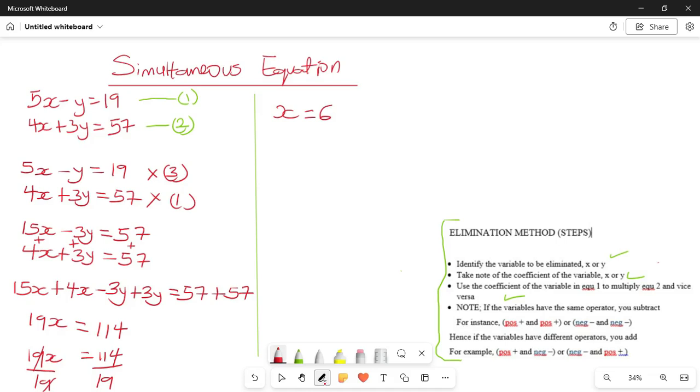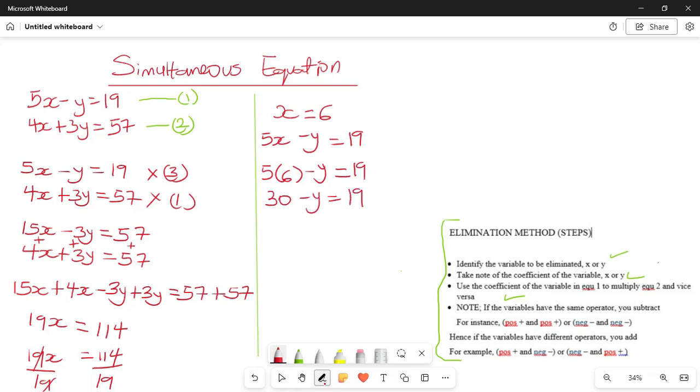Equation 1 is 5x minus y equals 19. So we have 5 times 6 minus y equals 19. That gives us 30 minus y equals 19.